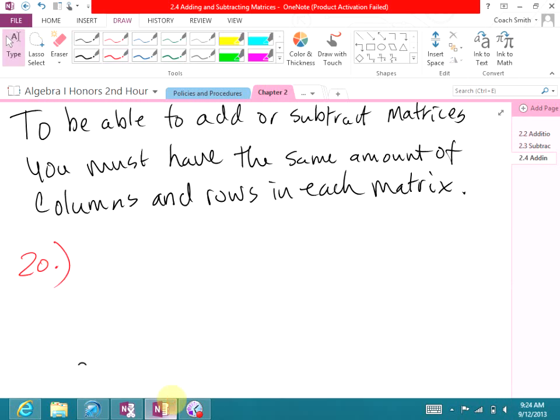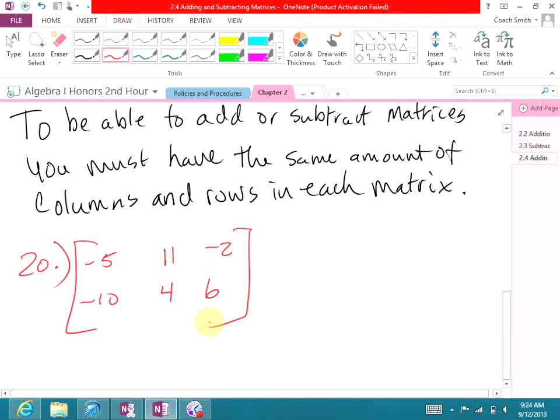Number 20, they give us the matrix of -5, -10, then 11 and 4, then -2 and 6, and that's your first matrix.